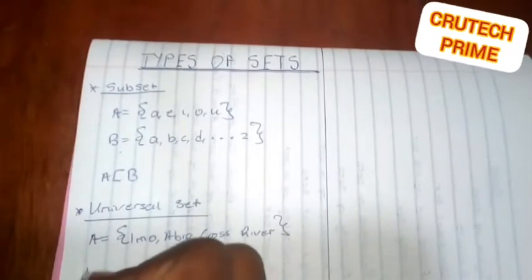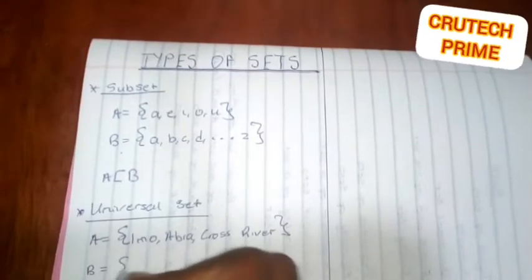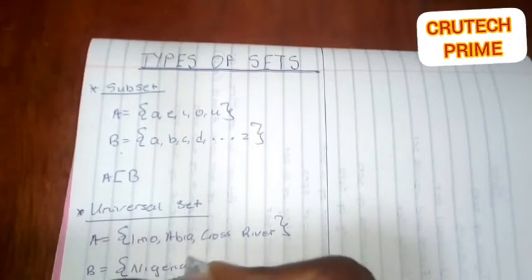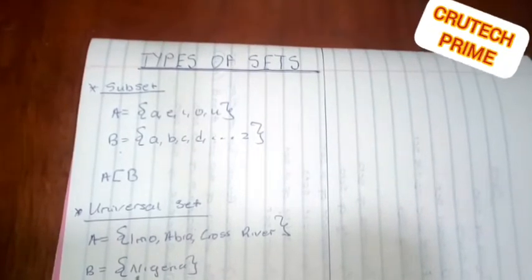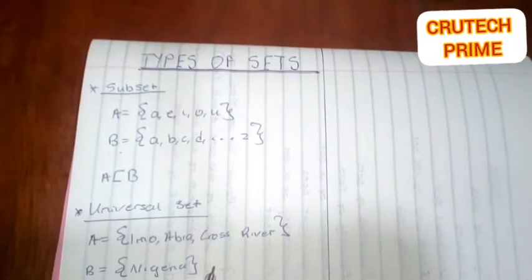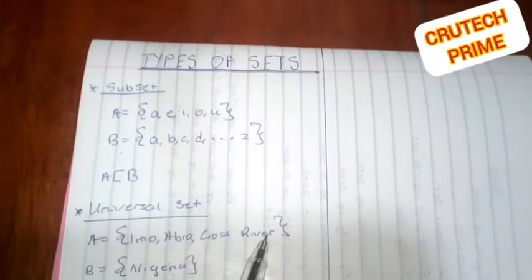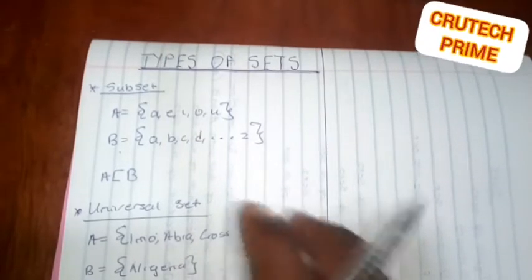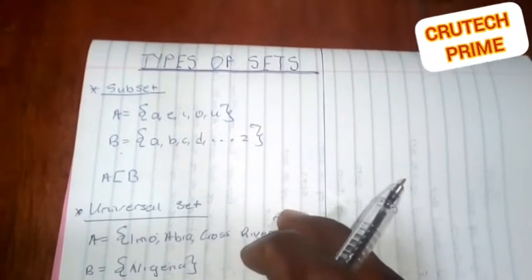And we have another set B that contains Nigeria. Now, B is a universal set because it contains all the elements of A. B is known as a universal set because it contains all the elements of A.